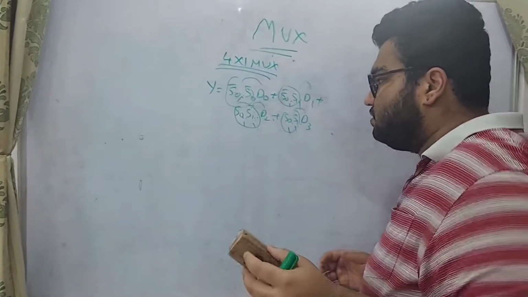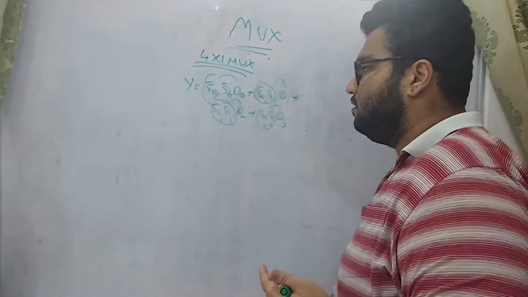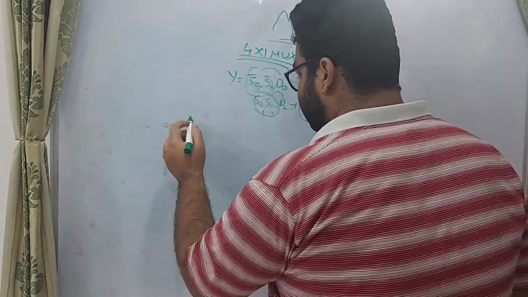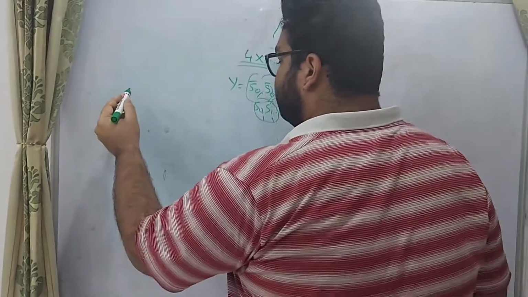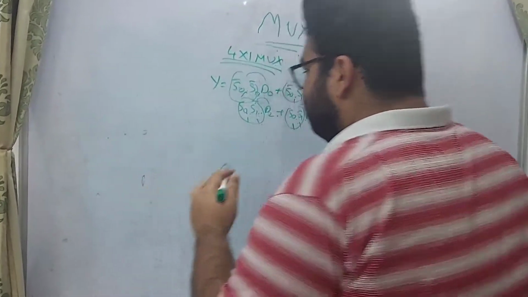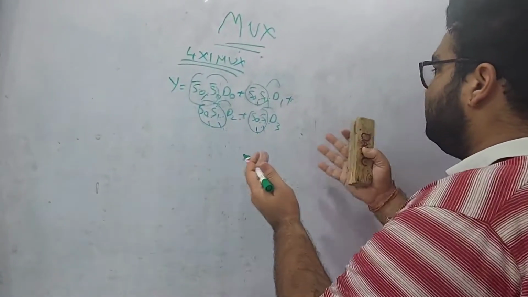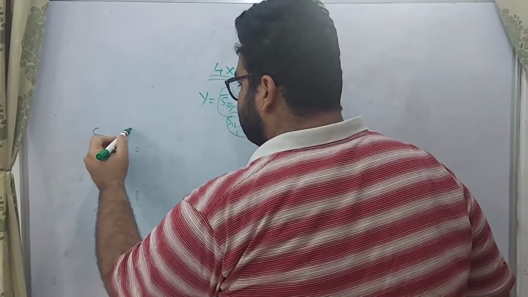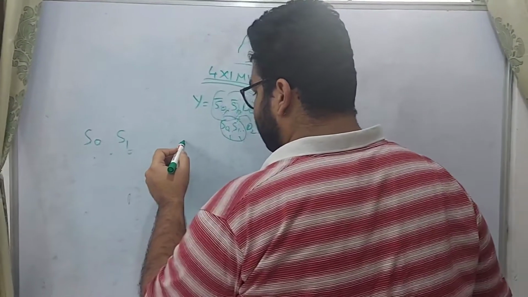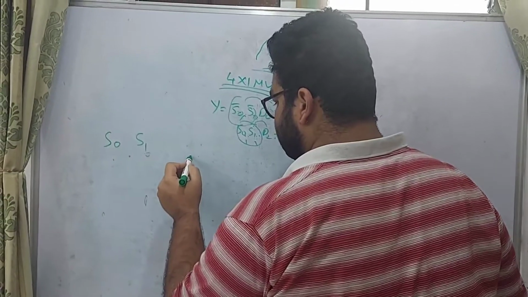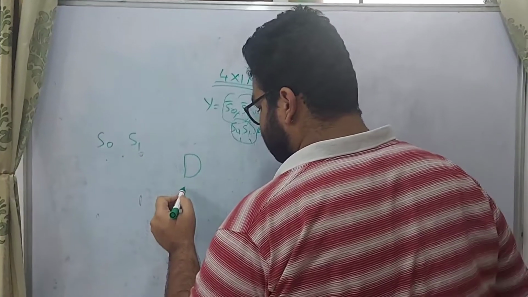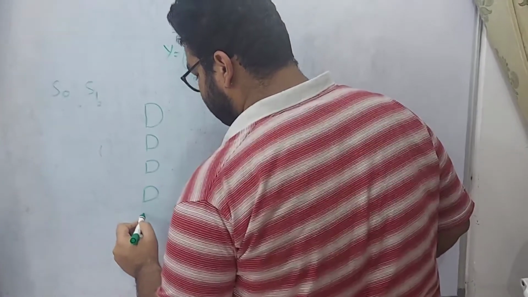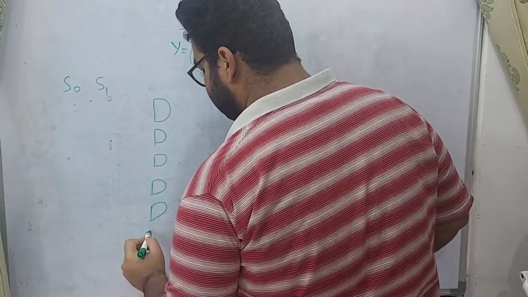So please excuse me for this big diagram. So first I am going to draw how many, 8 AND gates are required. So I will draw from here. There may not be a space available, so I can simply write it as S0 and S1, and I can draw 1, 2, 3, 4, 5, 6.